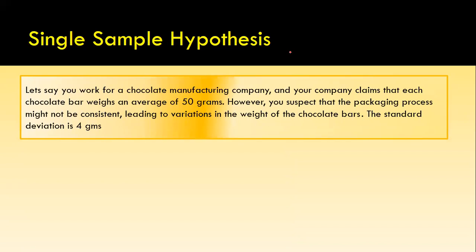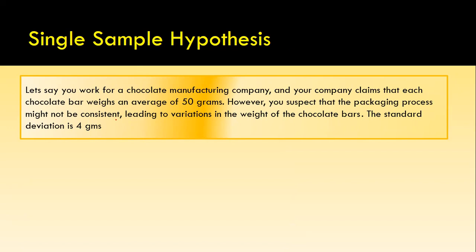Now let us conduct a single sample hypothesis Z test. Here is one scenario. Let's assume that you are a quality manager working for a chocolate manufacturing company, and your company claims that each chocolate bar weighs on average 50 grams, but you suspect the packaging process might not be consistent and can lead to variation in the weight of the chocolate bars.